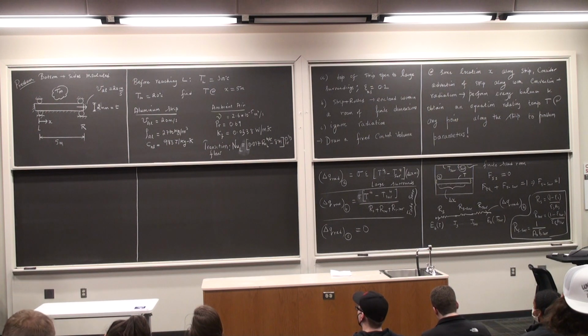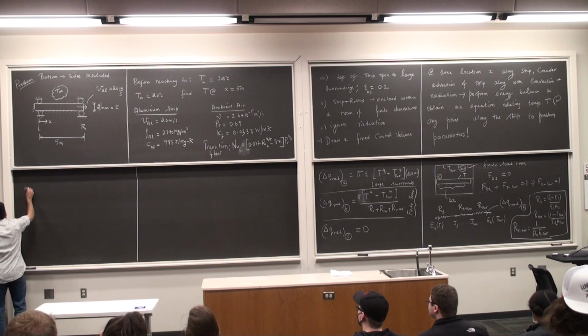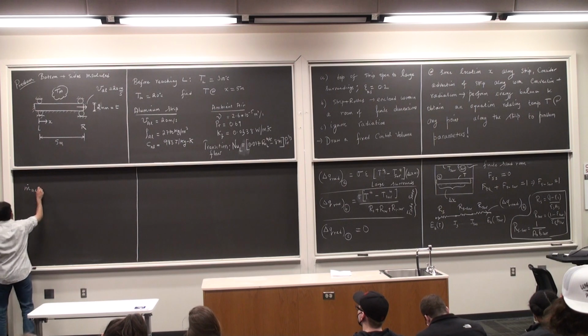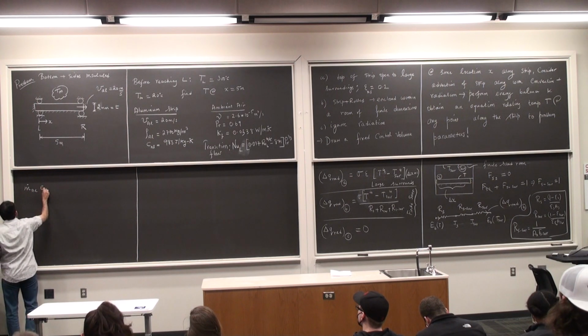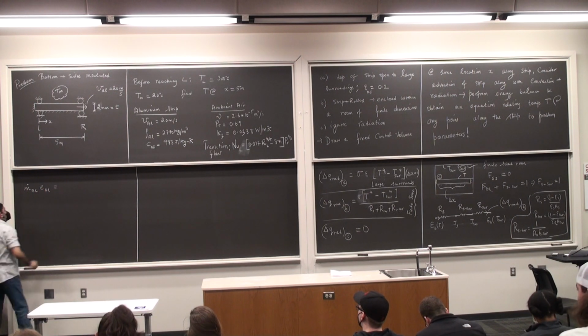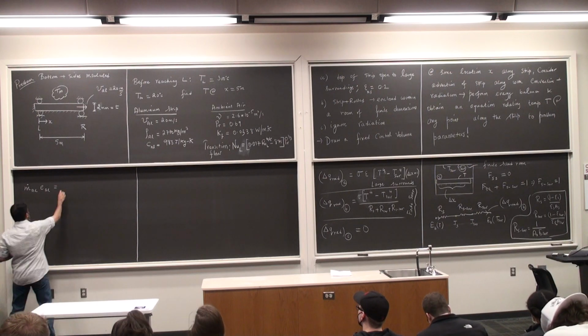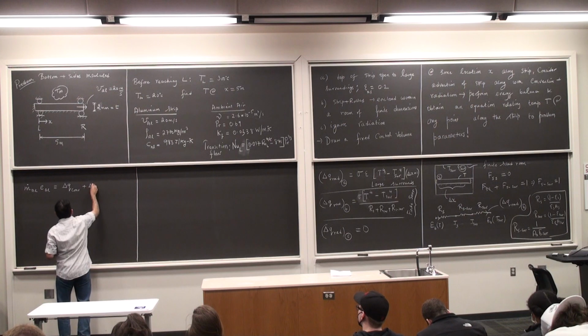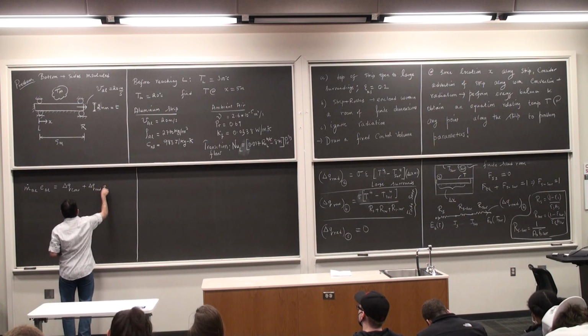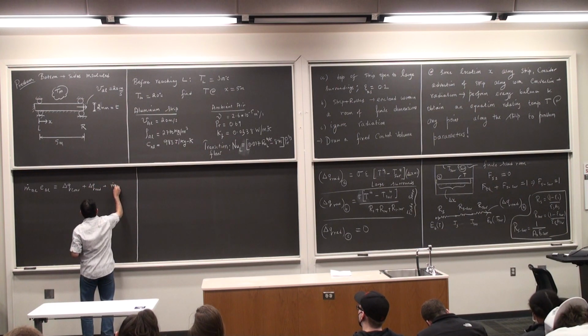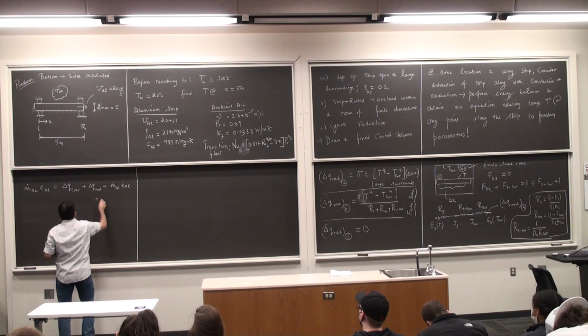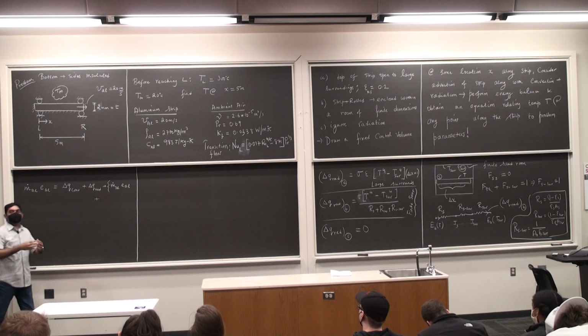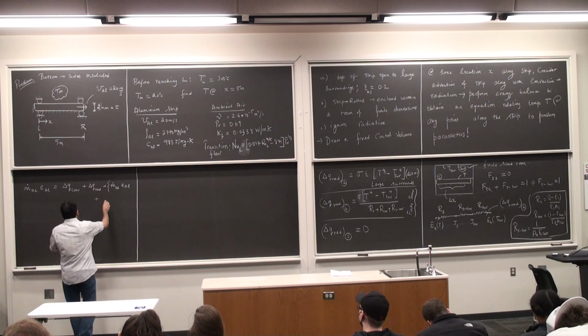So from the energy balance, I have the following. M dot aluminum times E aluminum, this is advection in, delta Q convection, delta Q radiation, plus M dot aluminum E aluminum, which is the advection out.